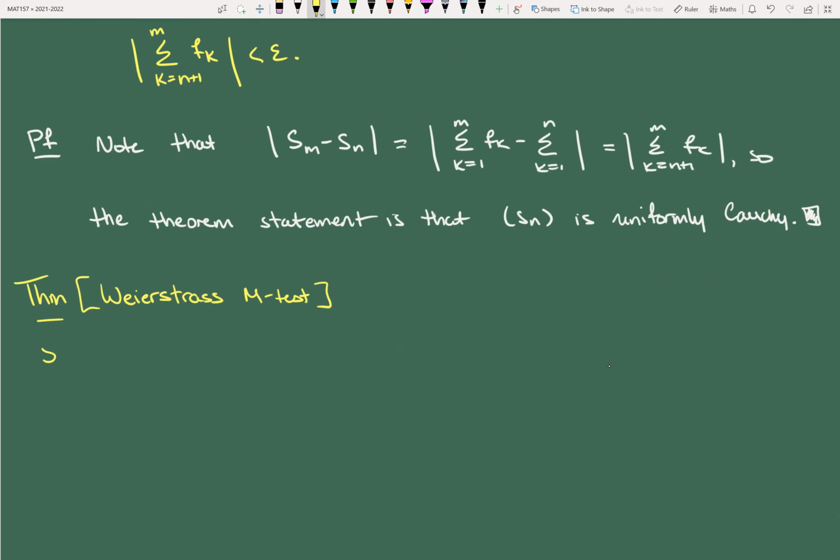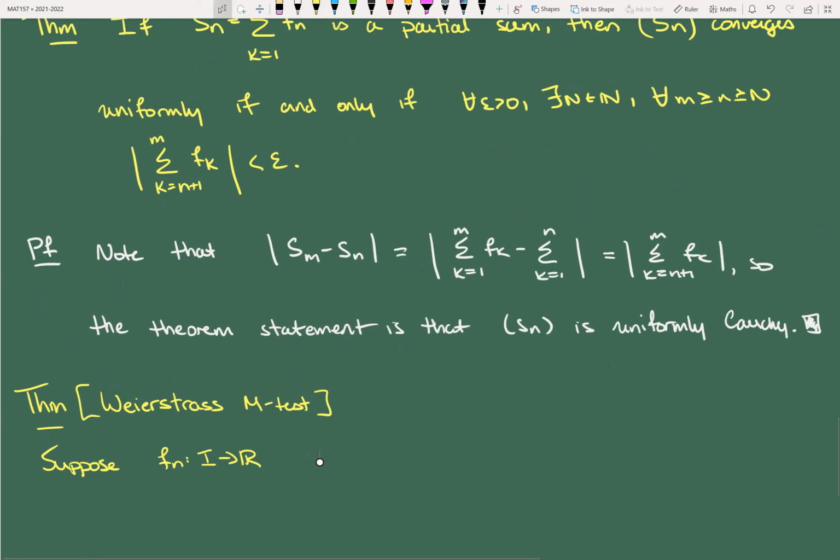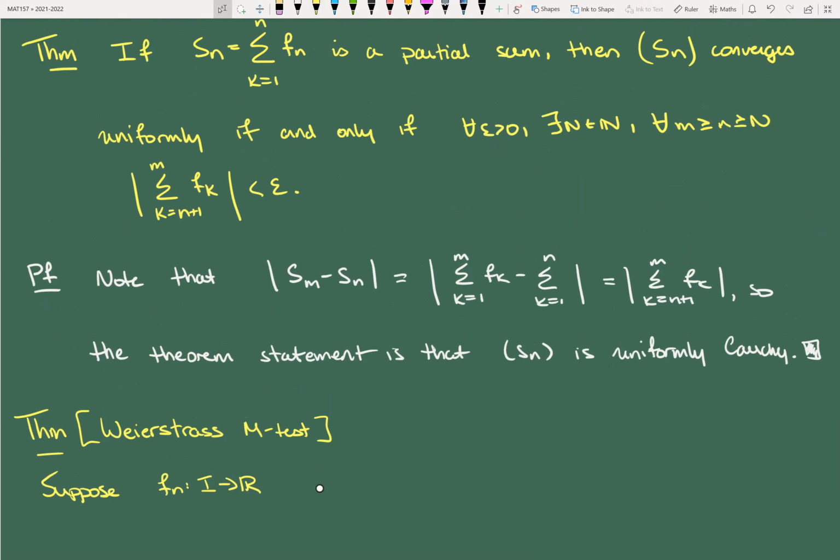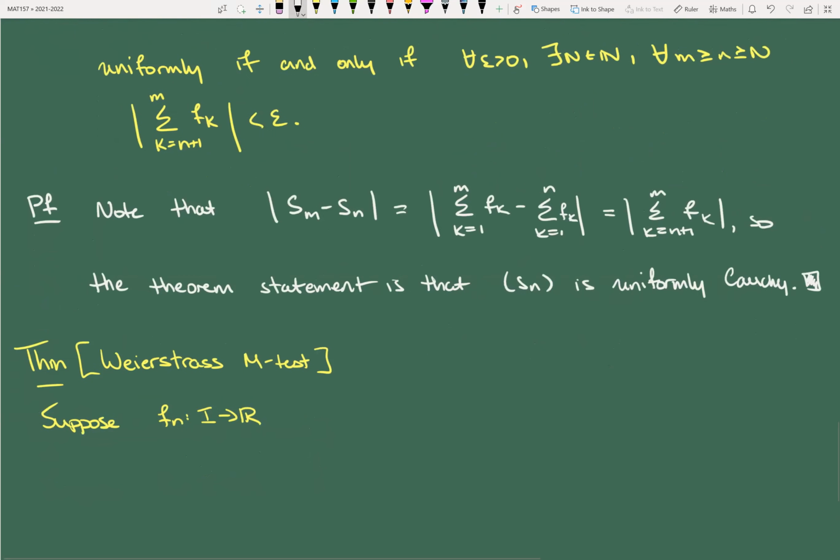So suppose, right, it's basically one of our, what is the thing in the absolute value? Which absolute value? Oh, sorry, that should be another f_k. Yeah, just another f_k. Cool.